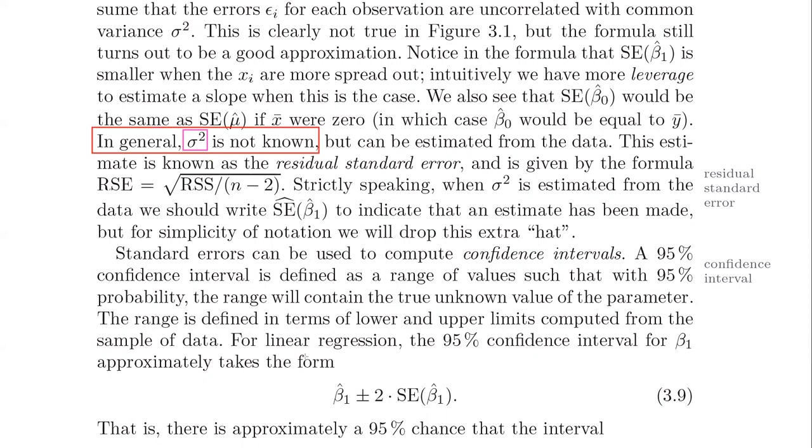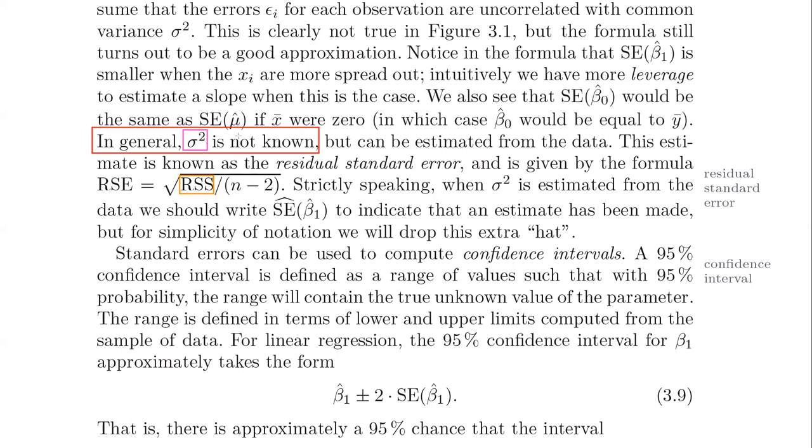You can estimate it by taking the residual sum of squares. That's the difference between your model's prediction and the actual observation; it is a function of your model. Then apparently you divide it by your number of observations minus 2, and then you take the square root.